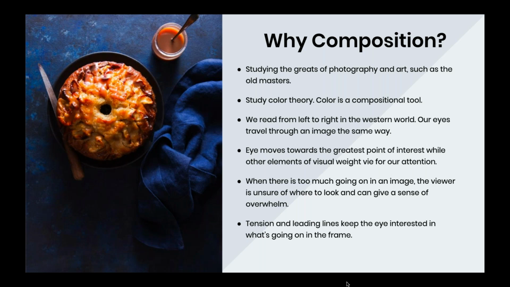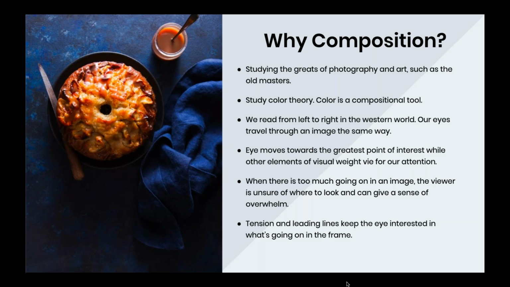So the important thing to remember when we are composing is that you don't want to have too much going on in an image. Photographers have their different styles. Some have a little bit more of a minimalistic style. Some like to have a lot of elements and props and a real sense of visual storytelling in their image.